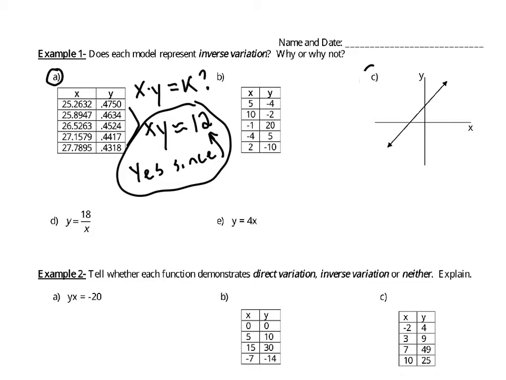Moving to example 1c, we look at the graph here and notice it's a straight line. If you recall, inverse variation will be a nonlinear graph.